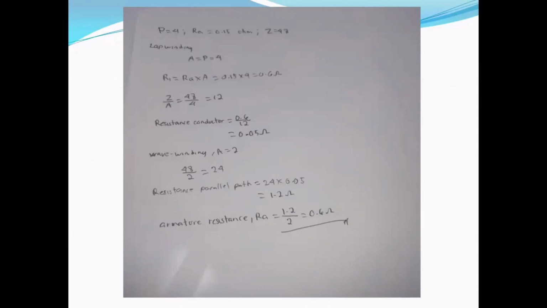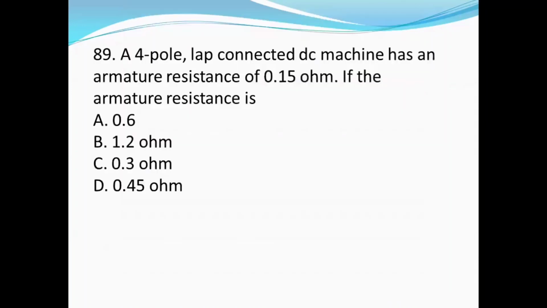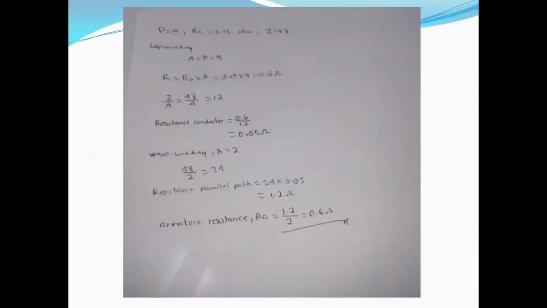So to get the armature resistance Ra, it is equal to 1.2 over 2, where 1.2 is the resistance of the parallel path and 2 is A for wave winding. So 1.2 over 2 is equal to 0.6 ohms. The answer is 0.6 ohms, letter E.